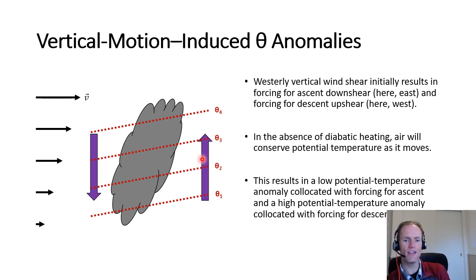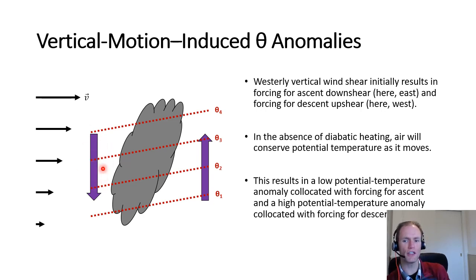So at any given height, for instance, this height here of our third wind vector on our diagram, the potential temperature value to the east, here between theta 3 and theta 2, is less than that to the west, here roughly being theta 3.